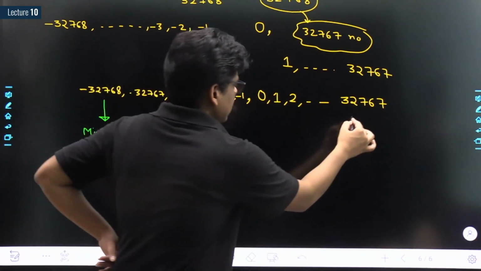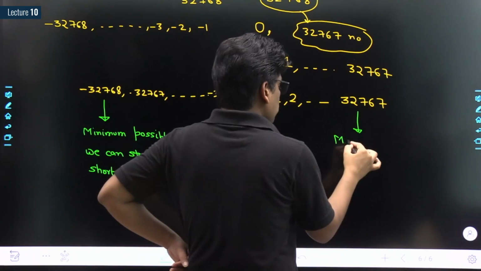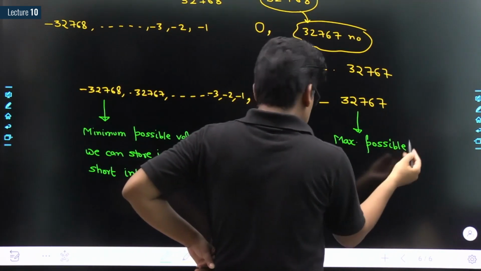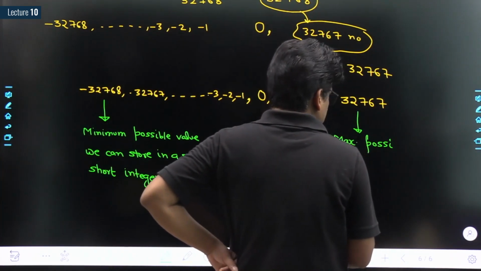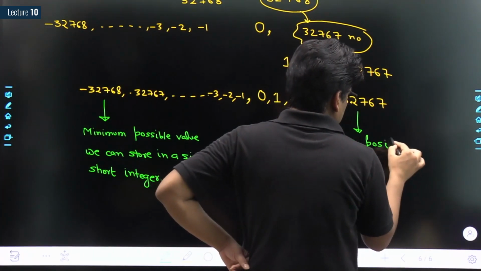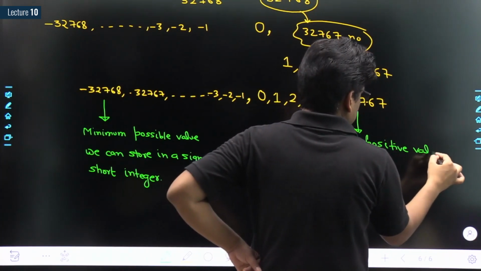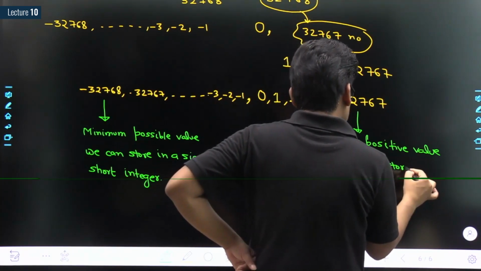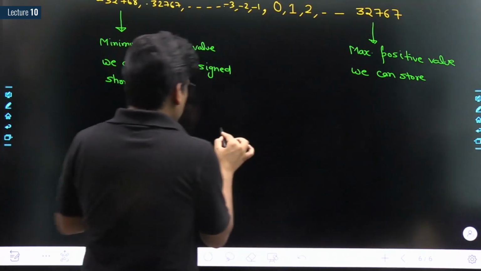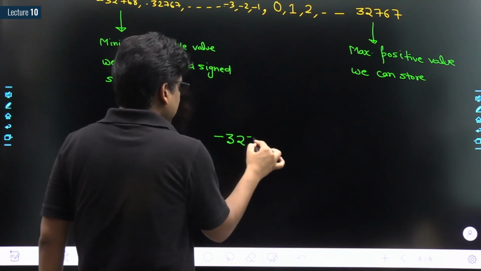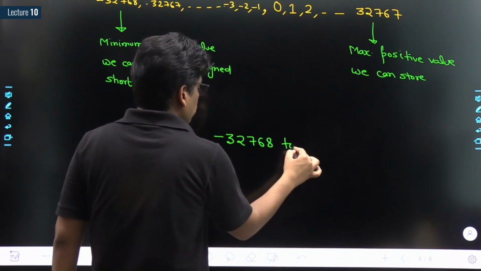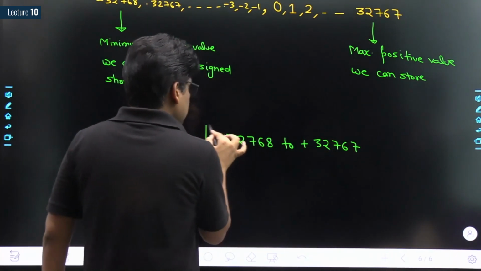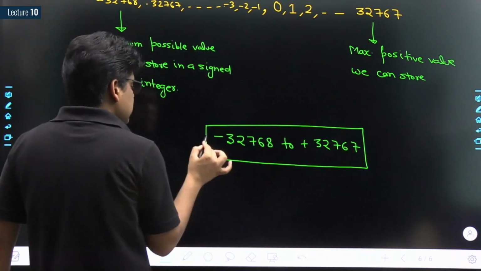And this is the maximum possible value, or maximum positive value, we can store in a signed short integer. So the range of a signed short integer is -32768 to +32767.